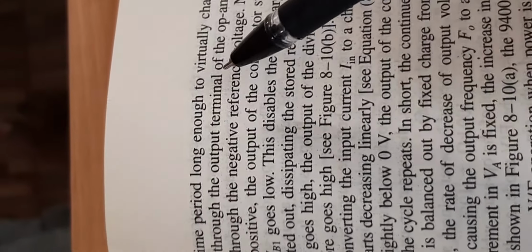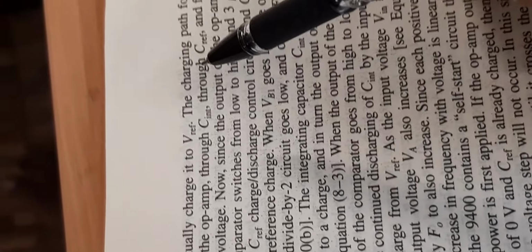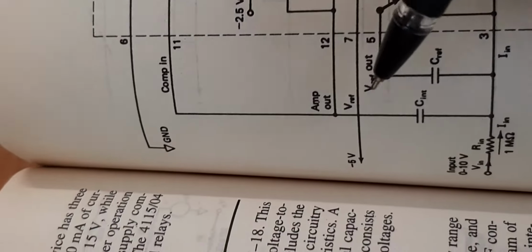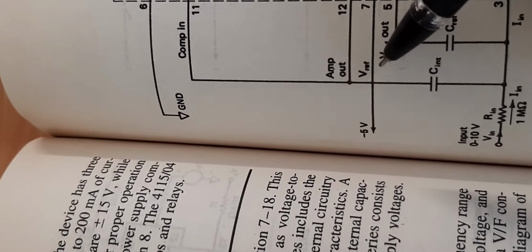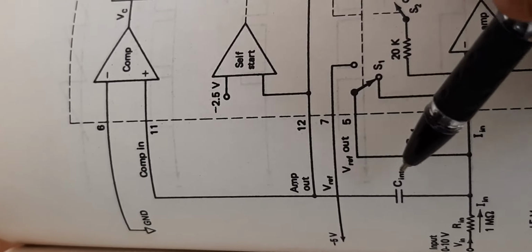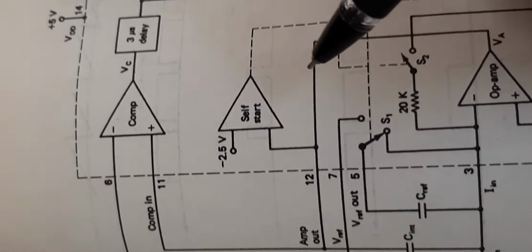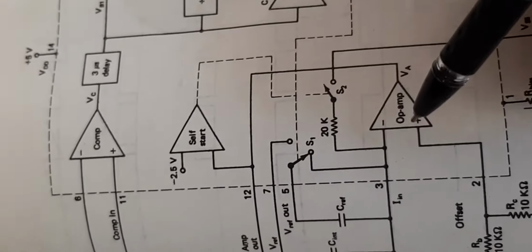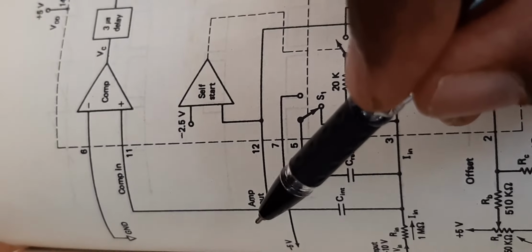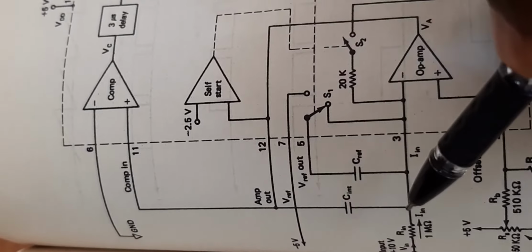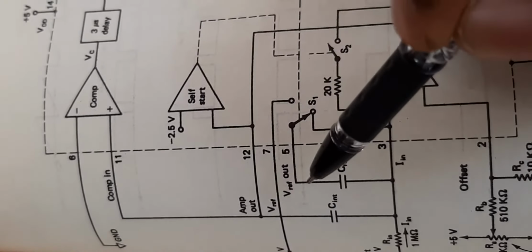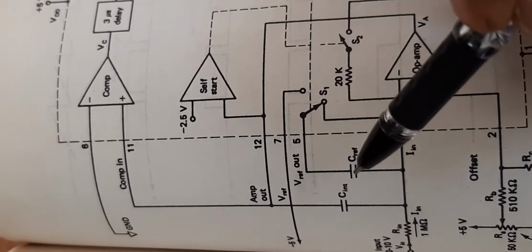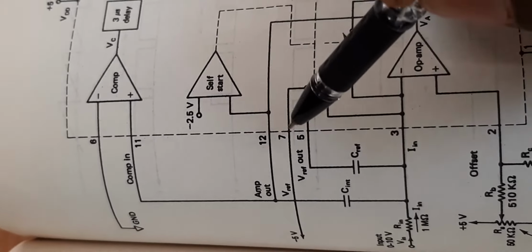The charging path for the C reference is through the output terminal of the op amp, through C-int, through C reference. So how is the charging path? The charging path is through this way, through this capacitor, through this, and it is through the negative supply.